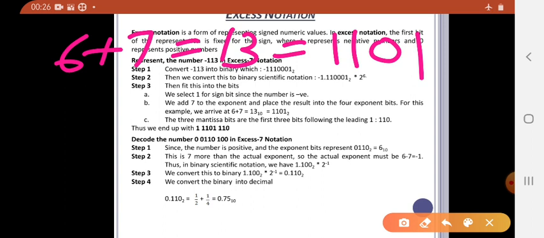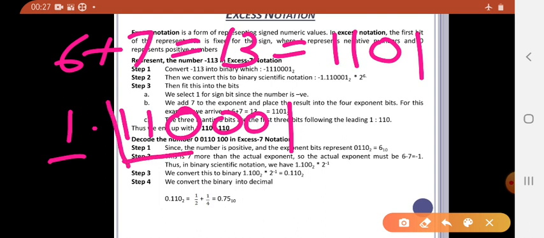You can solve it also. Now the last point in step 3: the 3 mantissa bits are the first 3 bits following the leading 1. Always keep in mind, 1.110001, here the 1 stays at the same place. These 3 values are my 3 mantissa bits, the first 3 bits following the leading 1, which are 110.